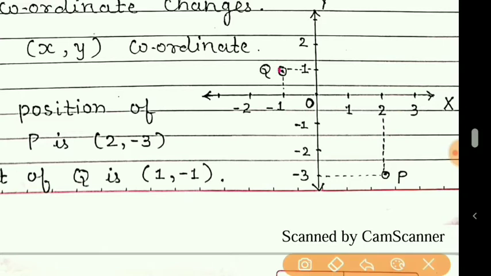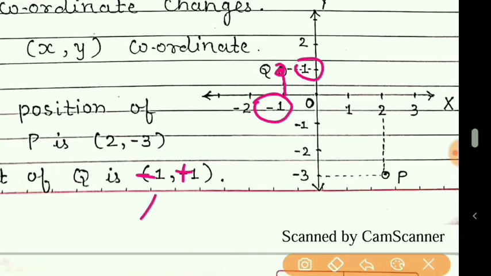Similarly, position of Q, so its x coordinate is -1 and its y coordinate is +1. So students, here there is a printing mistake. The x coordinate will be negative and the y coordinate will be positive.